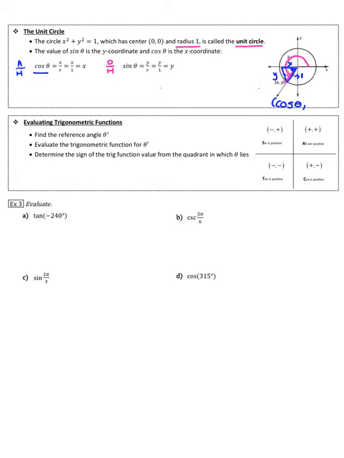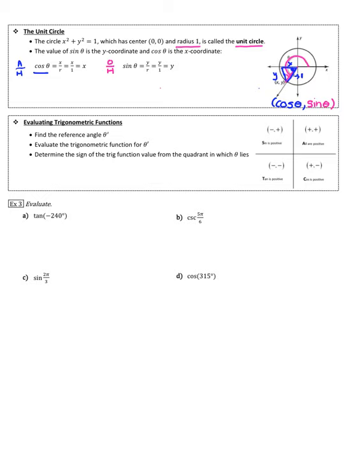So y was the opposite, r was your hypotenuse, but now the hypotenuse is 1. So the y value of every coordinate will just be represented by sine theta. It makes it really nice. If I just give you an xy coordinate, you know what the sine and the cosine of that angle is, because it's either going to be the x value or the y value.